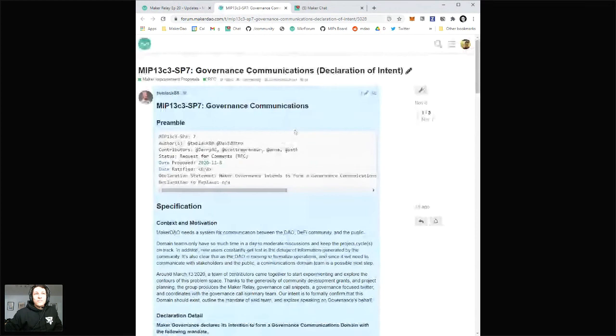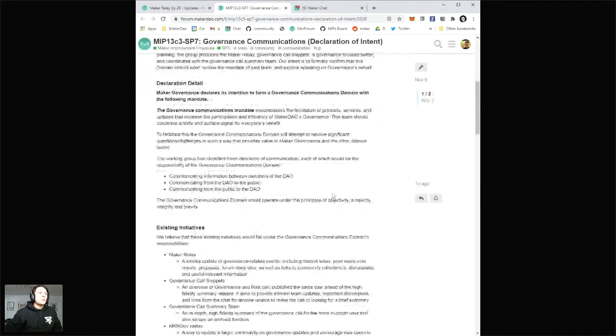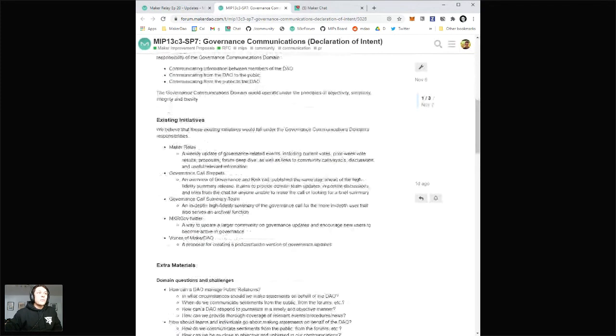And this team is actually responsible for a number of things that a lot of the community sees week to week. To name a few, Maker Relay is one of them. Governance call snippets, which Anna creates every Thursday. Governance call summaries, which we have a whole team of people creating week to week.